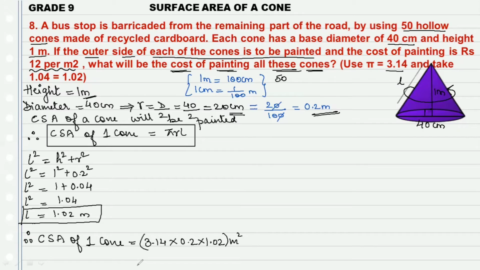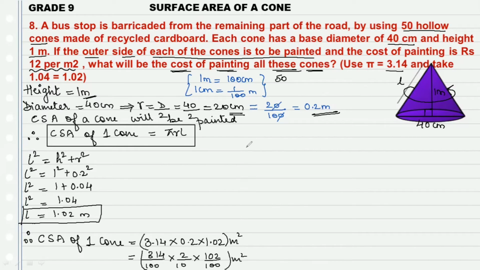Now, students, the simplest way to solve decimals is to convert them into fractions. So this will be 314 upon 100, 0.2 can be written as 2 by 10 and 1.02 can be written as 102 by 100 meter square.